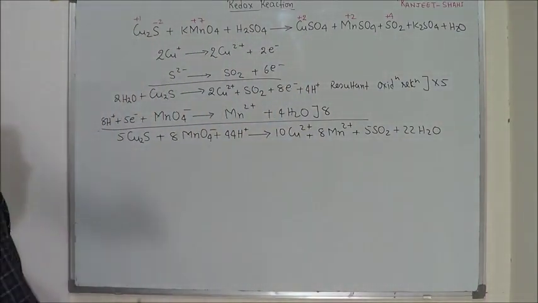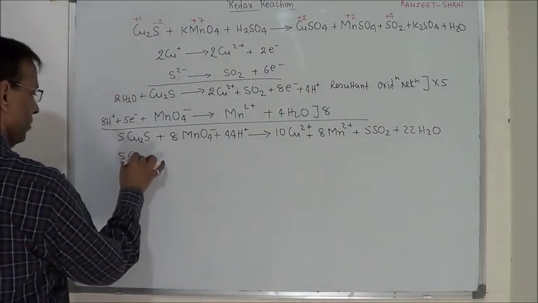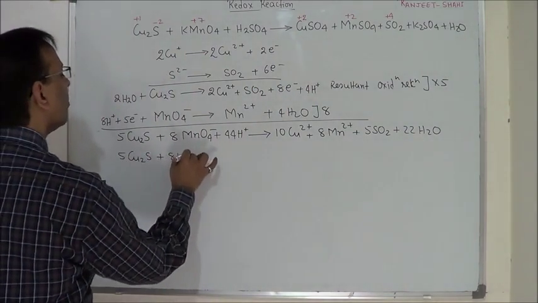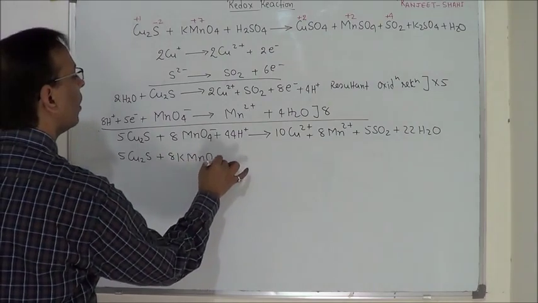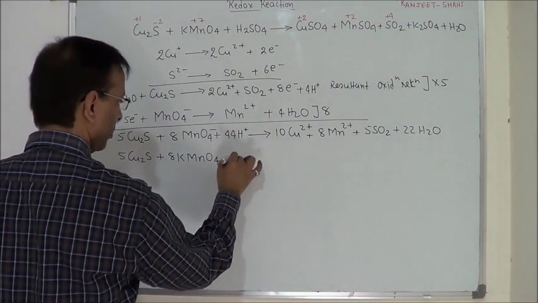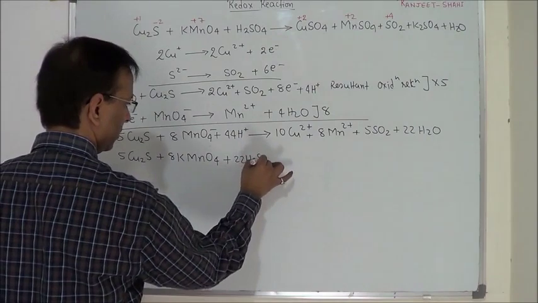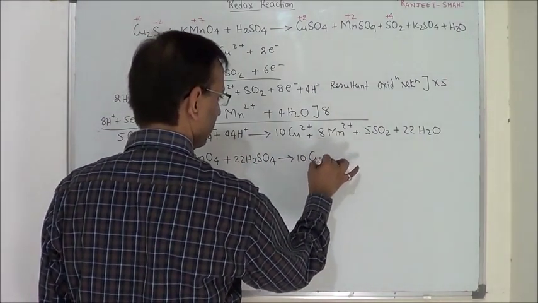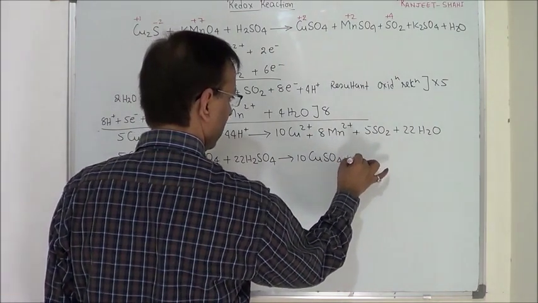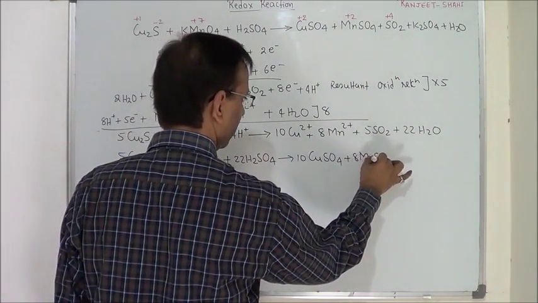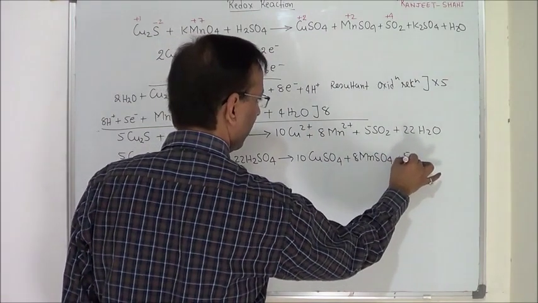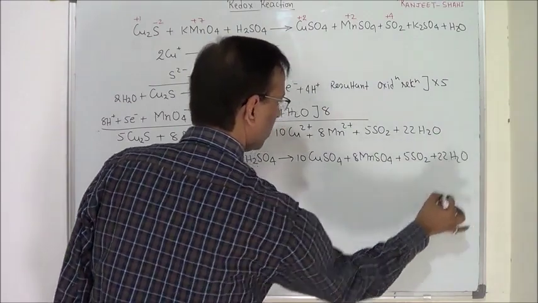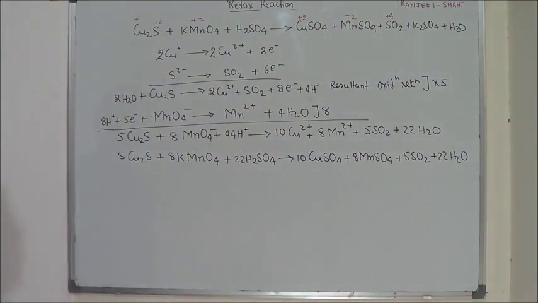Now compare the coefficients. So 5 Cu2S plus 8 KMnO4 plus 44 H plus from 22 H2SO4 gives 10 CuSO4, 8 MnSO4, 5 SO2, 22 H2O, and potassium will be balanced by inspection.